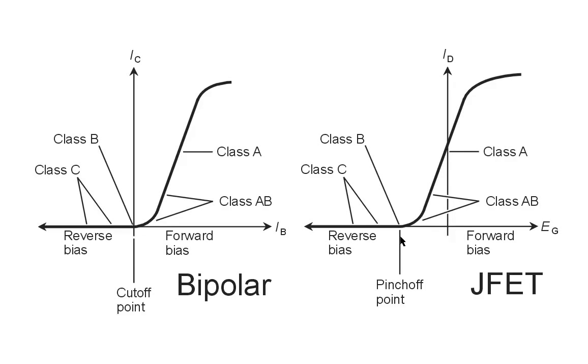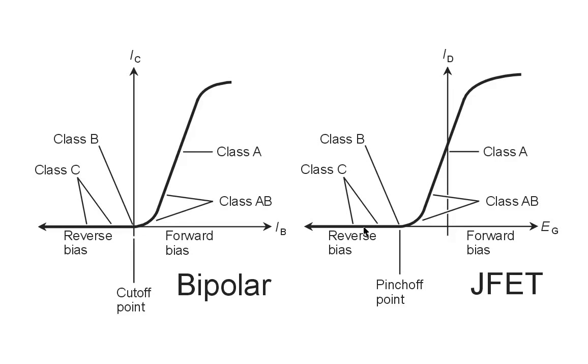And instead of cutoff, we call this situation pinch-off. Normally with reverse bias, we actually can get conduction in a junction field effect transistor or JFET. In order to get pinch-off, we have to apply a significant amount of reverse bias.